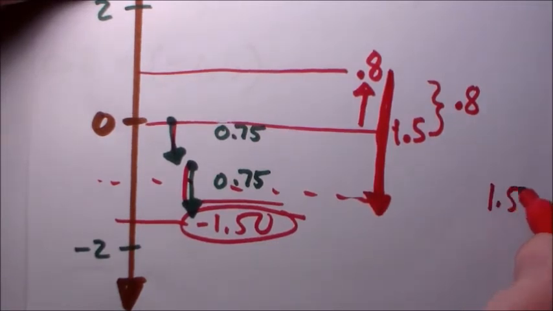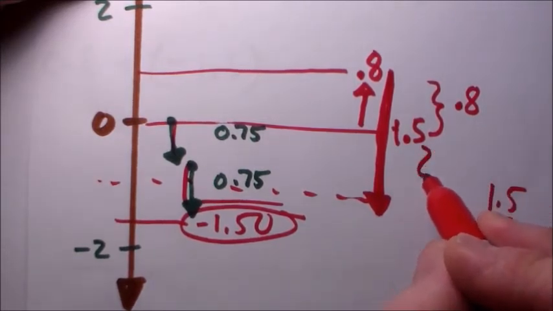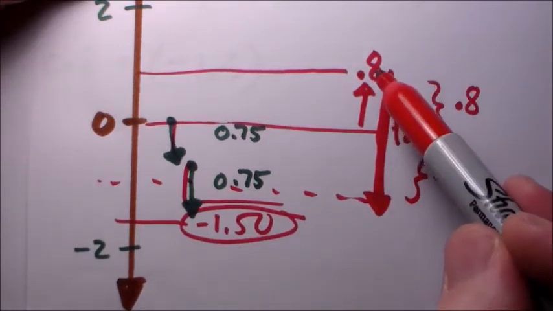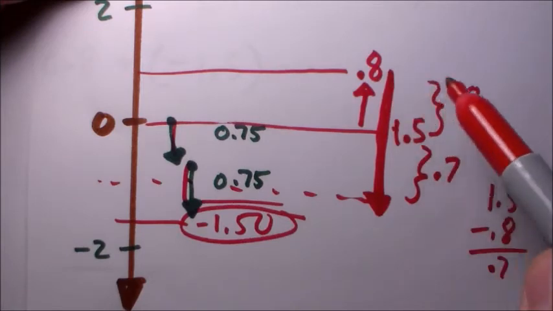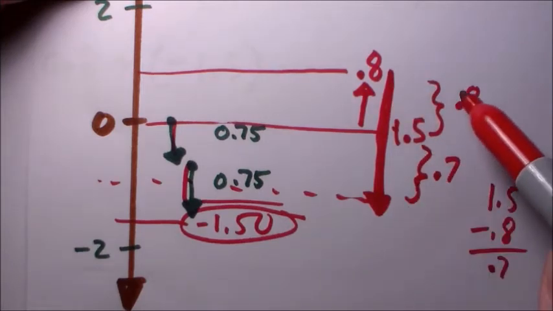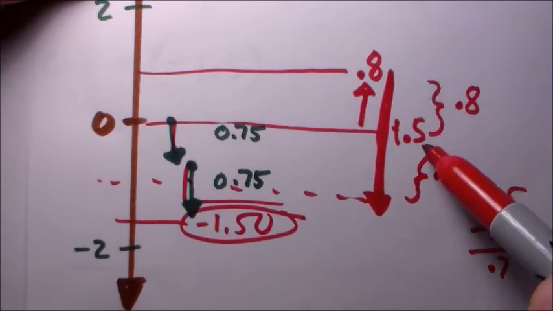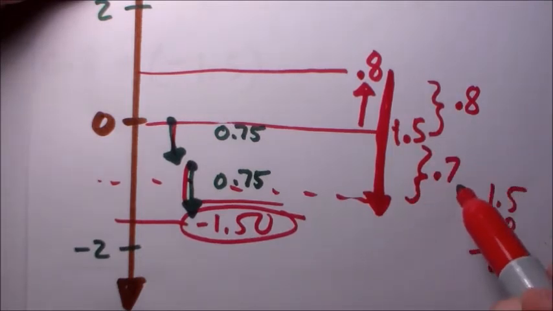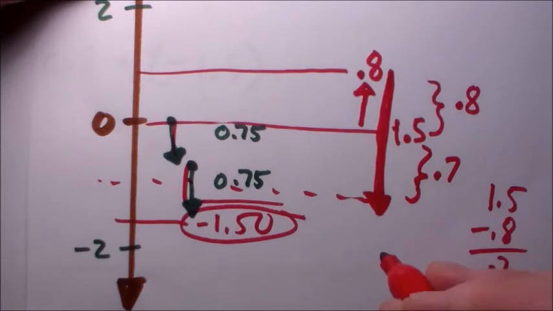What's 1.5 minus 0.8? We do that, we get 0.7. So we know we have 0.7 left to go negative. We start out at 0.8 positive. We lose 1.5. The first 0.8 of that 1.5 gets us back to 0. And how much do we have left to travel negative? We have 0.7 left to travel negative.